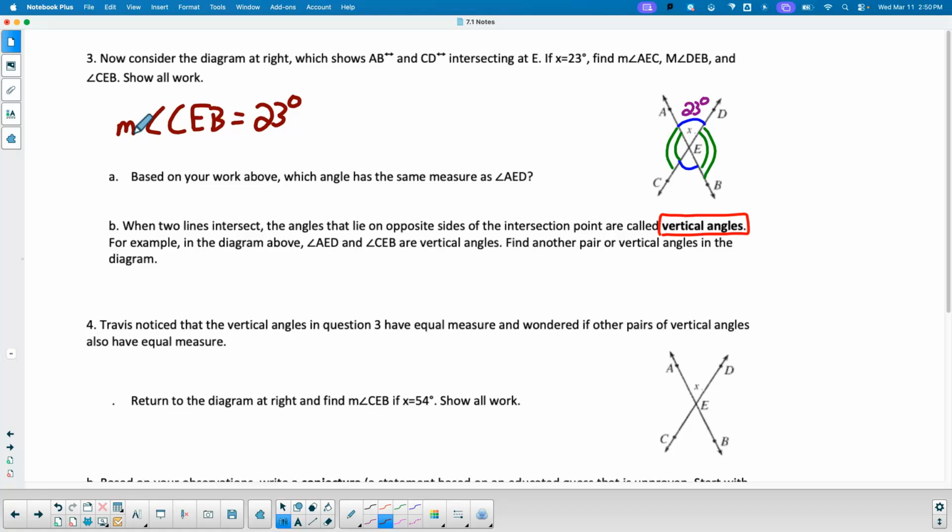So what is that? 157? Is that what you were going to say? What do you mean the other one? AEC. So those two are going to be equal, right? The reason I'm saying that is because I can go like this. Measure angle AEC. What did you say, Ben? BED?